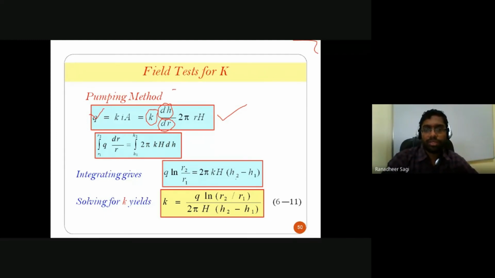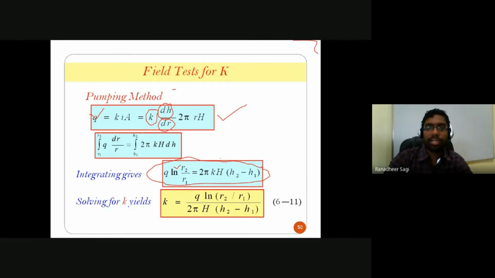That is the expression I am going to get. And if I convert the ln function into a logarithmic function, what I'll additionally get is 2.303 into q into log of r2 by r1 to the base 10. That's how I can rewrite my ln function in terms of the logarithmic function.